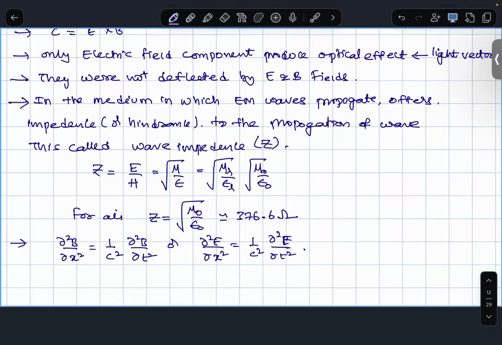So these are the terms. These are the minimum required theory points.